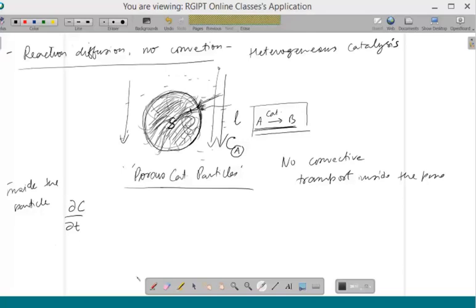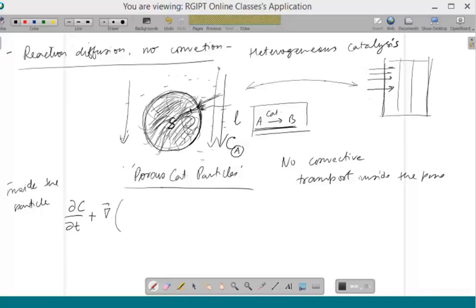Just hold on. Now, del C by del T, and then plus, there is no velocity. So here, what I'm going to assume now is, we can think of a similar problem first, a simplified problem where the particle has this kind of shape and diffusion is occurring this way.